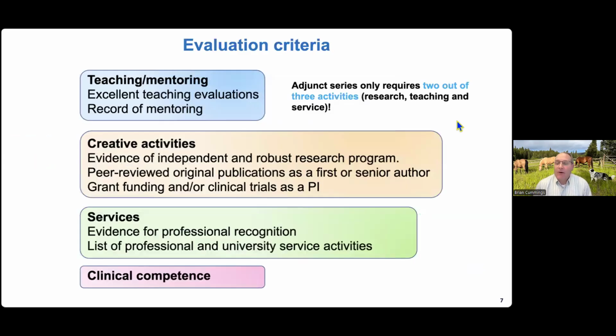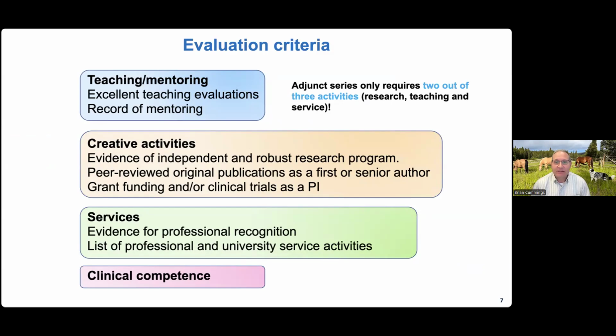So how is it that you go up for a merit or a promotion? There are very standard evaluation criteria. You are evaluated on your teaching and mentoring, and this is teaching not just of medical students, but of graduate students, residents, interns, anyone that is getting instruction and evaluation from you. Then you're evaluated on your creative activities.